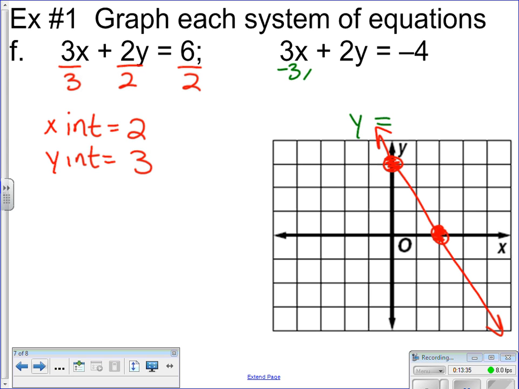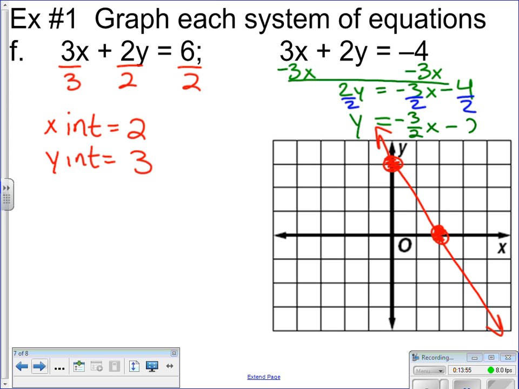First up, the 3x will go to the other side, and I'll get 2y equals negative 3x minus 4. I'll get rid of that 2 by dividing, and my equation will be y equals negative 3 over 2 x minus 2, because 4 divided by 2 is 2.